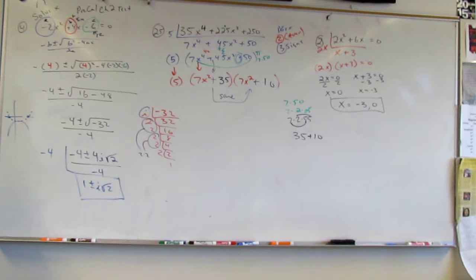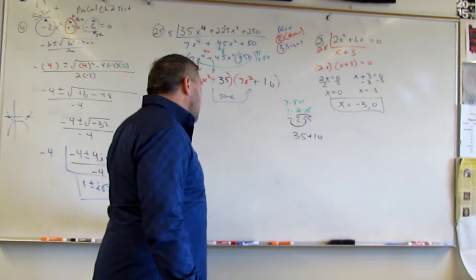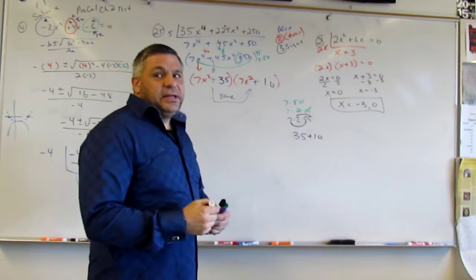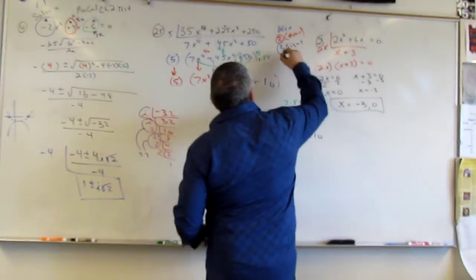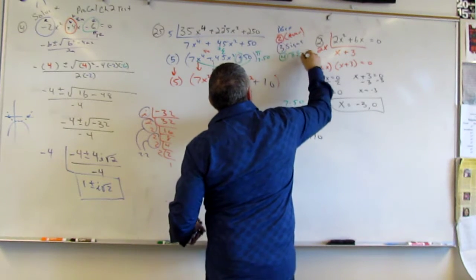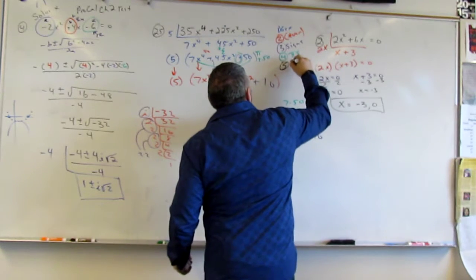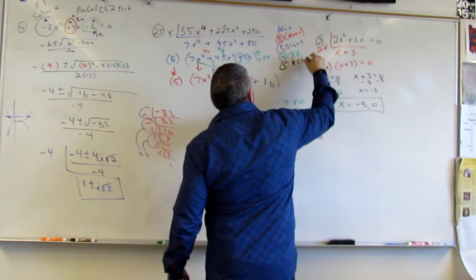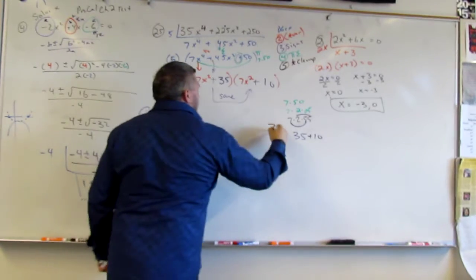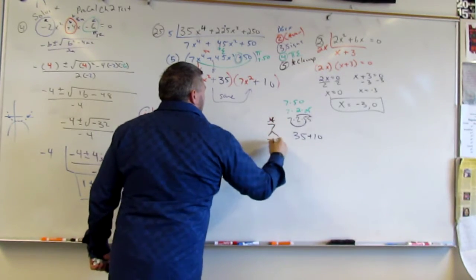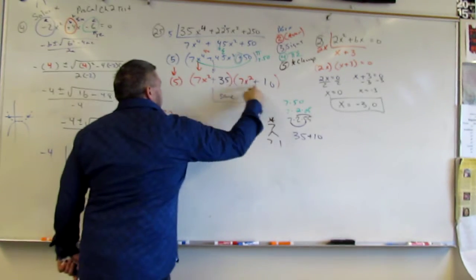Alright, now what do I got to do? Right? I got a star cleanup, right? So that was my product and my sum. And now I got star cleanup. Okay, that means my star was 7, right? So I need to take out a 7 and a 1. Which one of these does 7 go into?